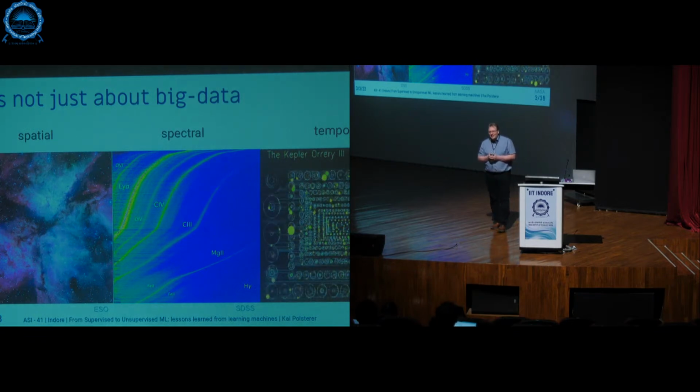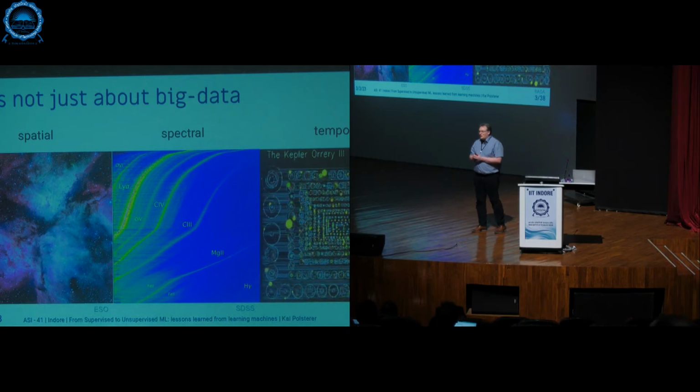I had cases working with students who were working with Excel sheets. If an Excel sheet has 65,000 rows and you go through them and you don't have a proper method to figure out which objects show a certain ratio of fluxes, you are lost. Already a megabyte of data can be too much.